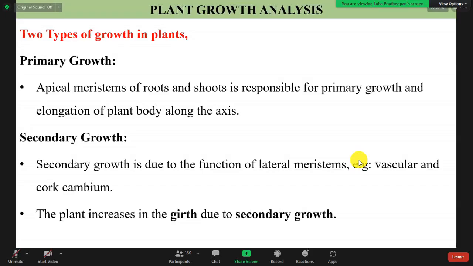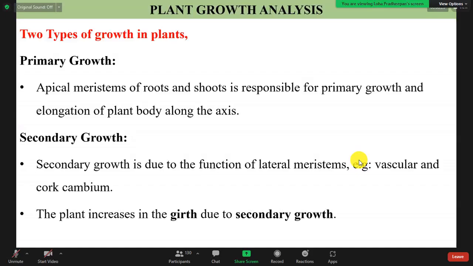Secondary growth is due to the function of the lateral meristem. The plant is increasing sidewise because the vascular cambium and cork cambium are responsible for secondary growth.